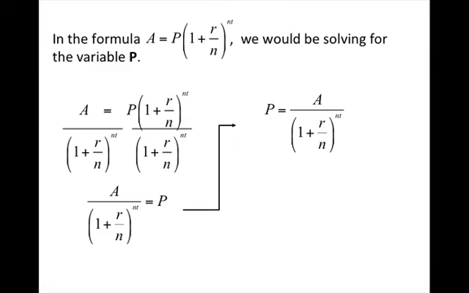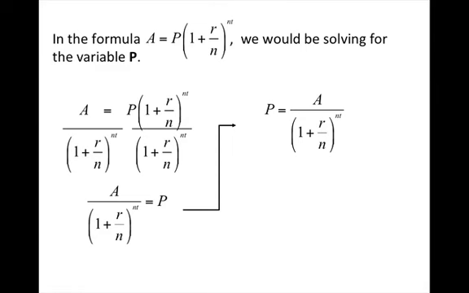Well, this formula is still kind of cumbersome to enter into my calculator. So if you think back to your algebra classes, to your rules for exponents, if I take a base and its exponent and I move it across the fraction bar, I can take this base, the parenthesis 1 plus R over N, and its exponent, and I can move it to the numerator as long as I change the sign of the exponent.